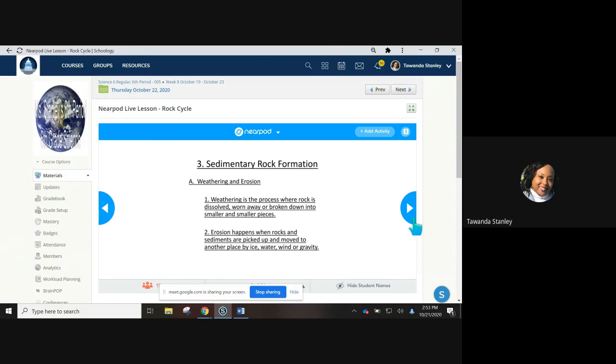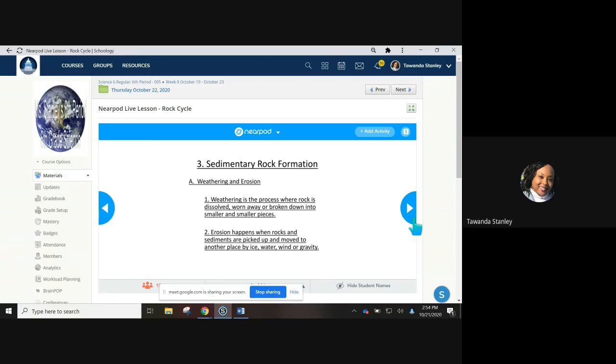Erosion happens when rocks and sediments are picked up and moved to another place by ice, water, wind, and gravity. So with erosion, the first thing that comes to my mind, because the rocks and sediments are picked up and moved, is movement, movement, movement. So that's a way that I would try to distinguish between the two.